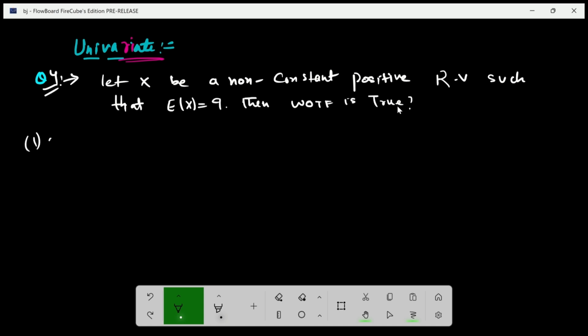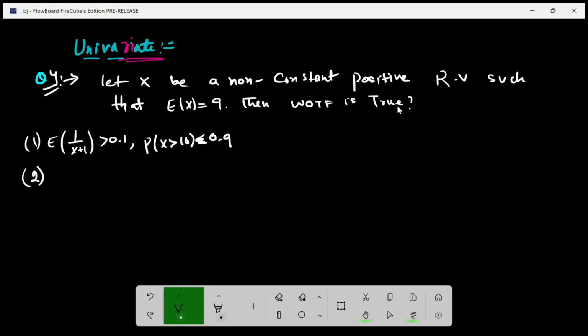First option: expectation of 1/(x plus 1) is greater than 0.1 and probability x greater than or equal to 10 is less than or equal to 0.9.